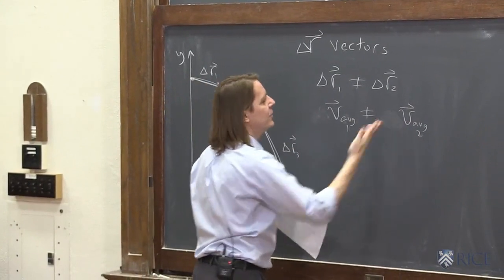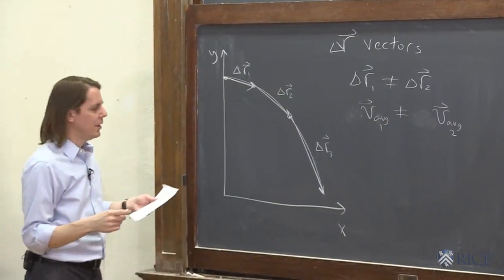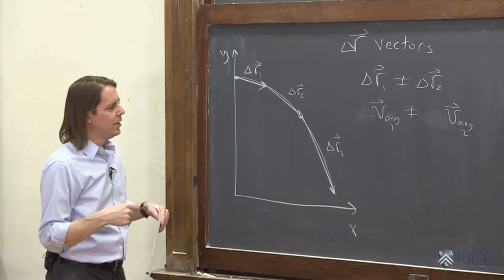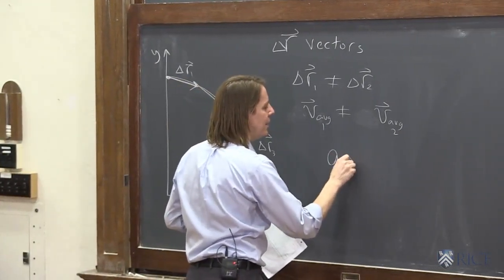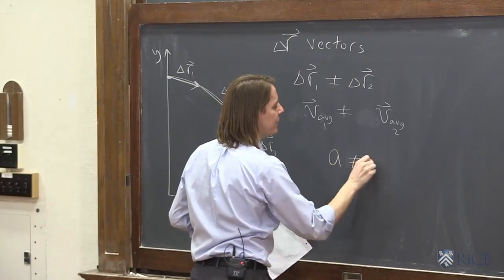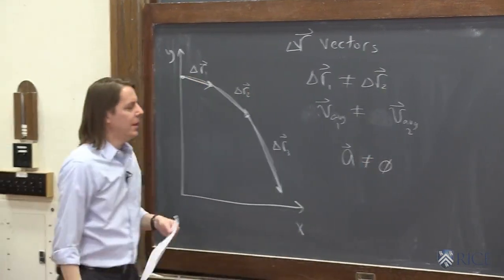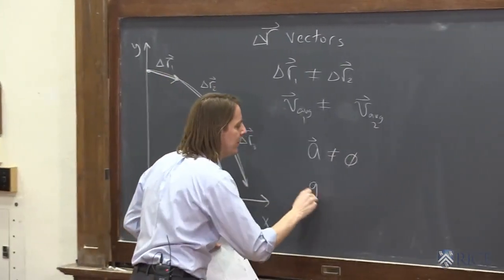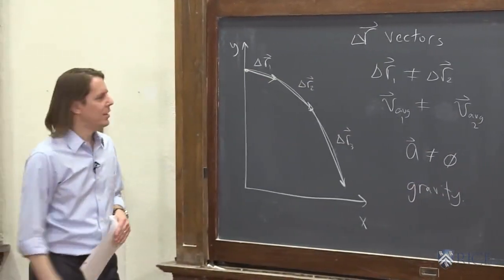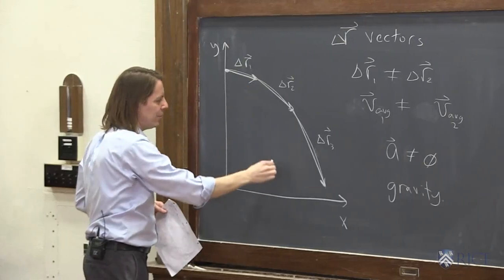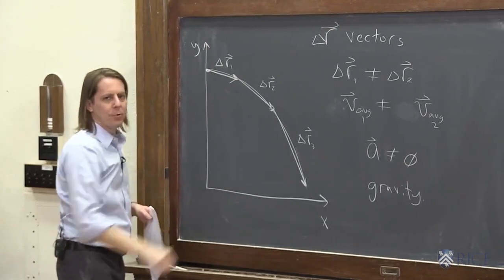Just the average velocities in those regions are different, v average 1 and v average 2. So if the velocity is changing in time, that means a does not equal 0. That has acceleration. Right? And of course it does. Gravity, right? It was accelerating down. Makes perfect sense. So it was moving gravitationally this way, moving uniformly that way.